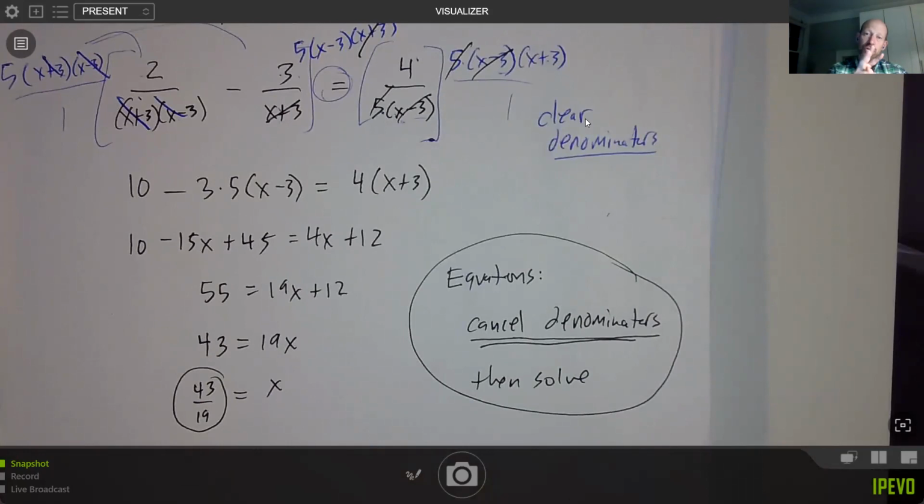So that is our third type of problem and our third type of strategy. Any questions about this last one?